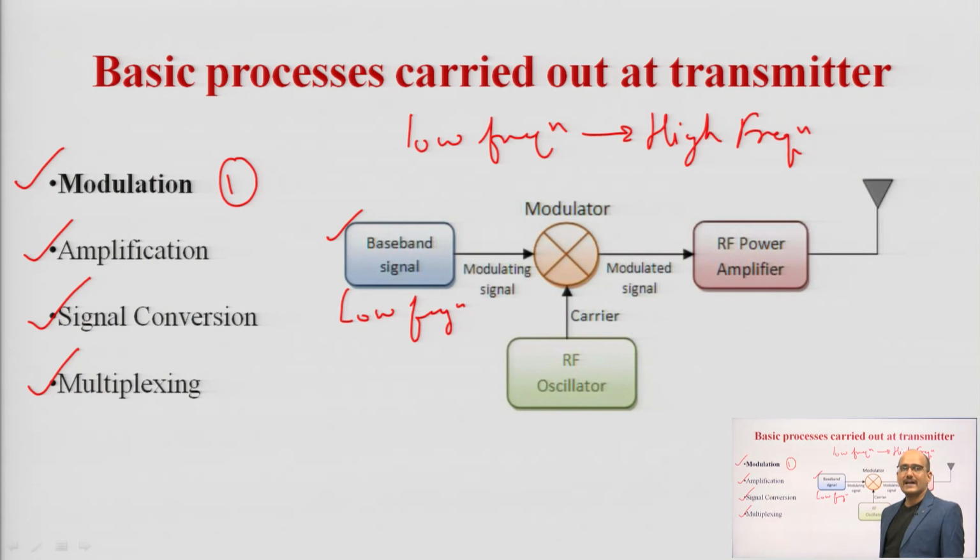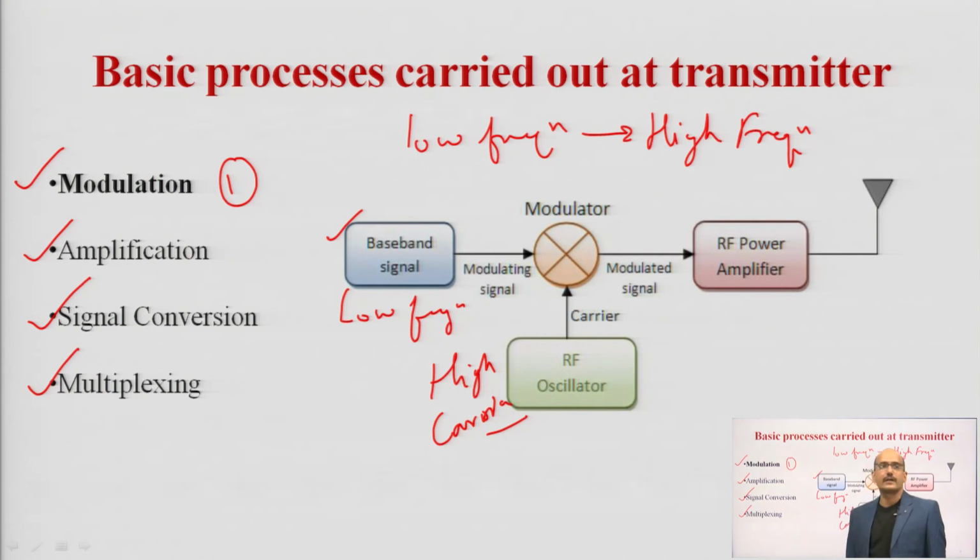To modulate that particular signal, we require a carrier signal, and that carrier is a radio frequency signal, a high frequency carrier signal coming from an RF oscillator. We are placing both signals at the modulator part, or we can say the multiplier part, and then we get the modulated signal.